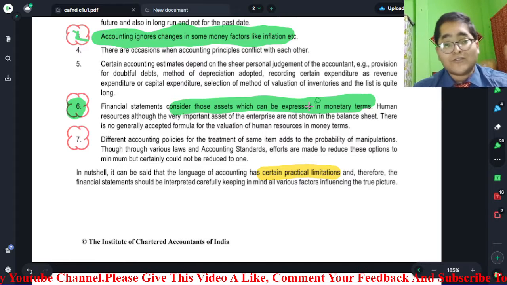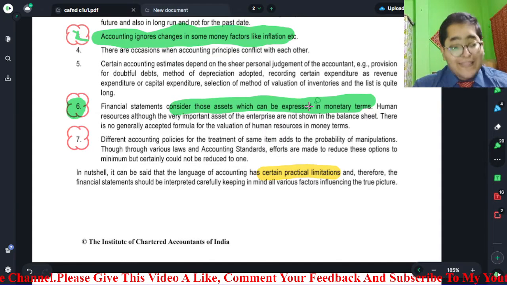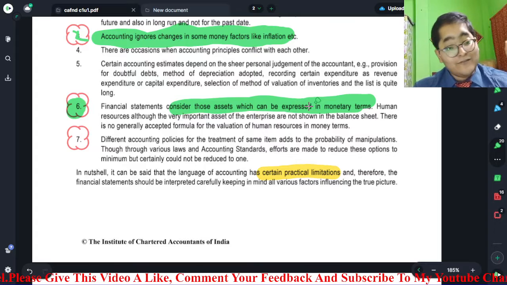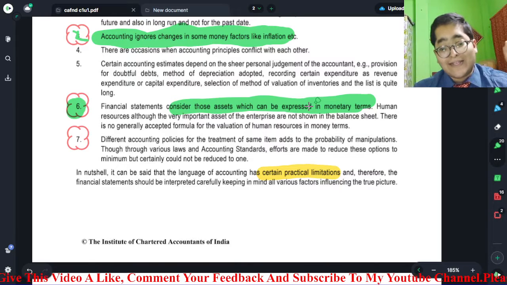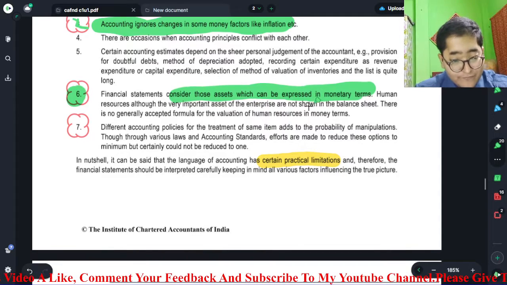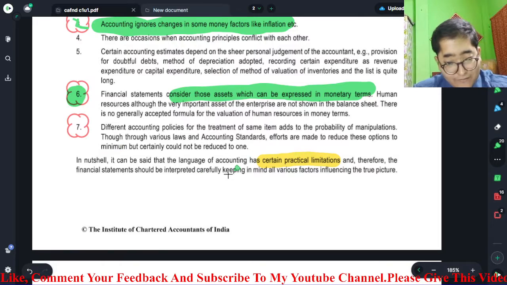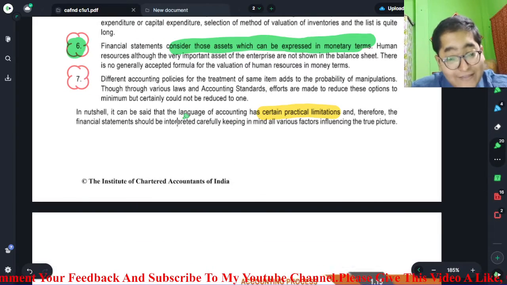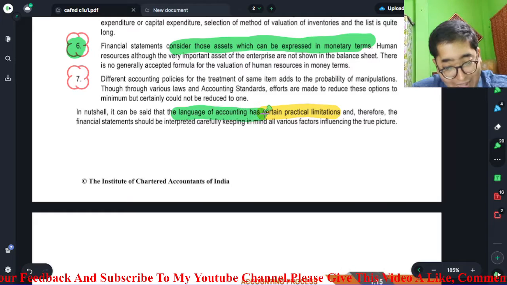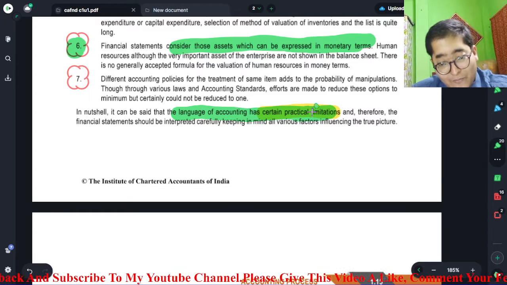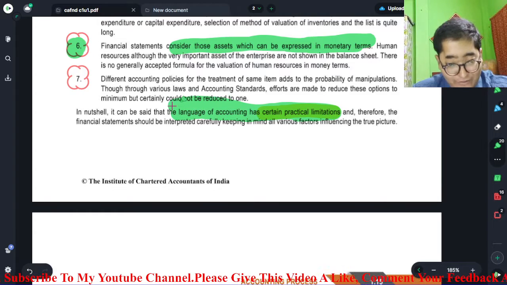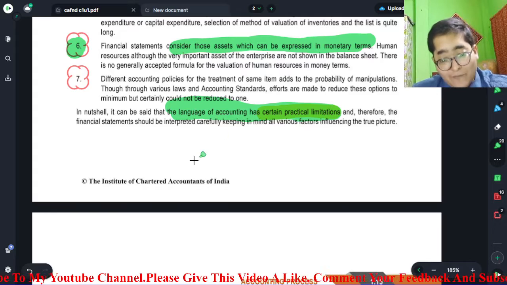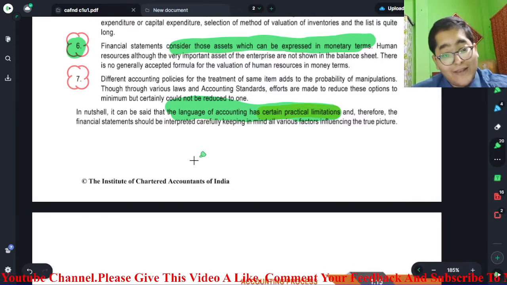That would not be shown in the financial statements. And that is why financial statements consider those assets which are expressed in monetary terms. So it can be said that the language of accounting has certain practical limitations.